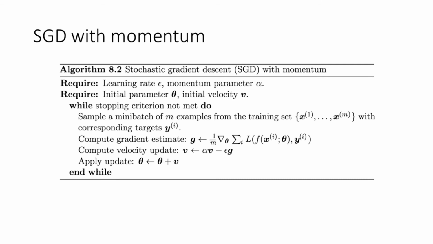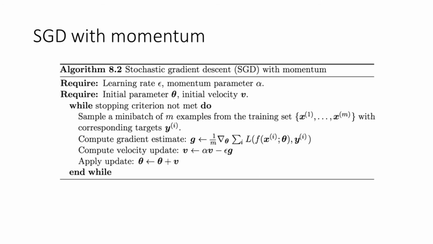Yeah, and so to go through line by line, we sample a mini batch of examples and compute the gradient estimate. And then with those gradients, we start with an initial velocity, usually 0. So the first time, our new velocity is 0 plus our learning rate times our gradient.